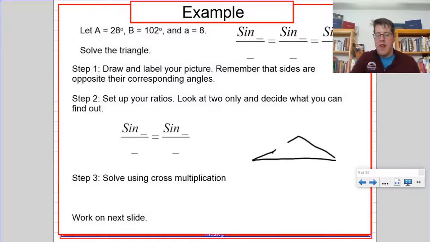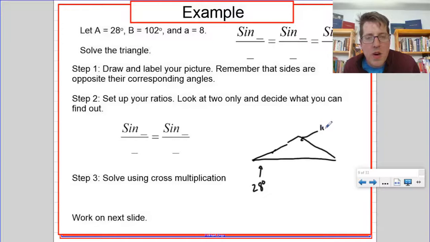So that triangle would look something like this, with this being somewhere like 28 degrees, this being something like 102 degrees, and this side being 8. So our A, our B, and our C.